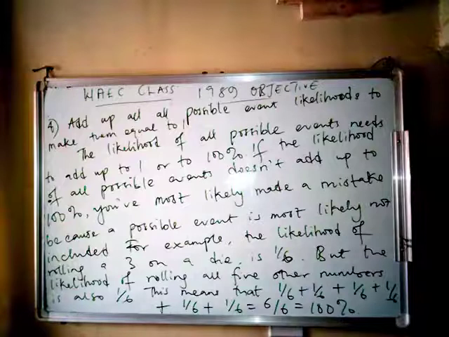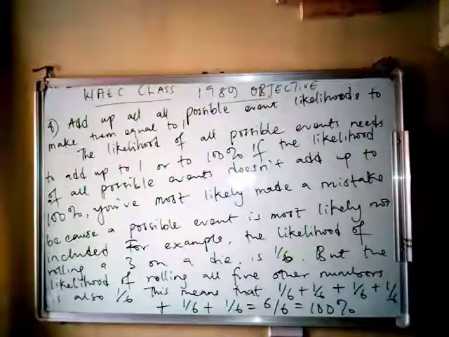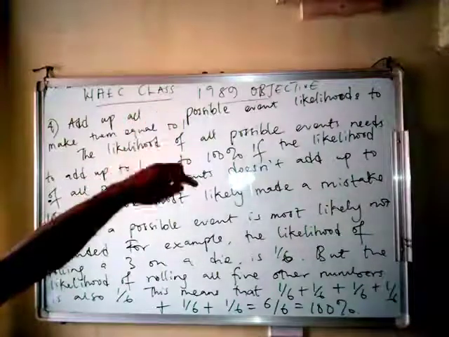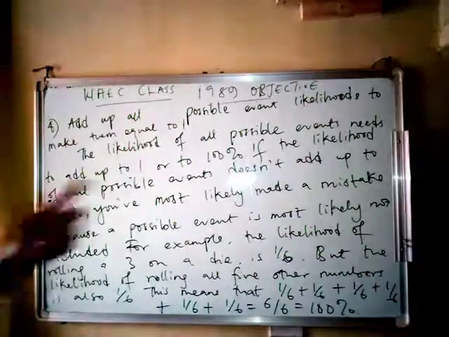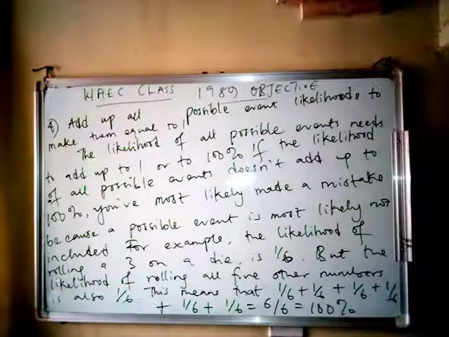If you look at the board, we have another way by which you can represent probability, and this way means add up all possible event likelihoods to make them equal to 1. So add all possible events to make them equal to 1.